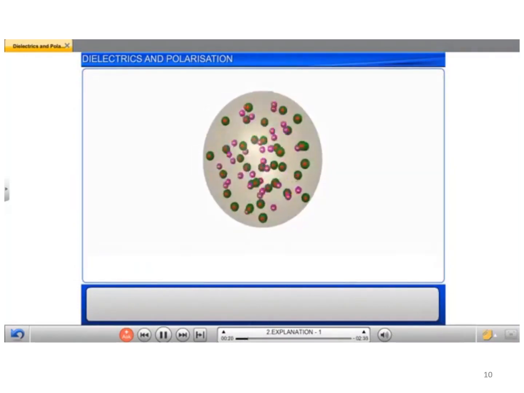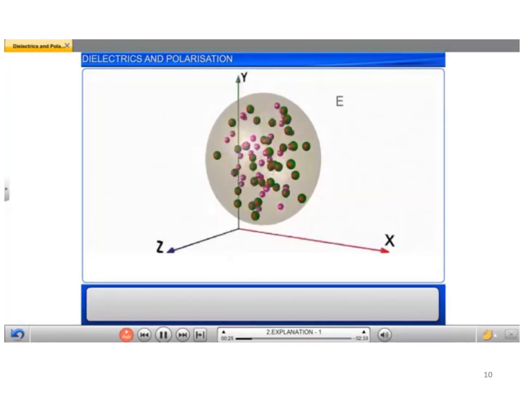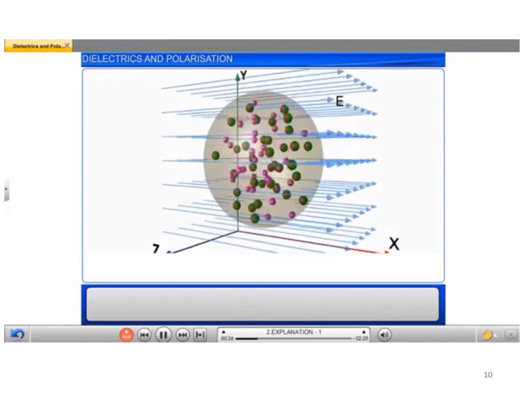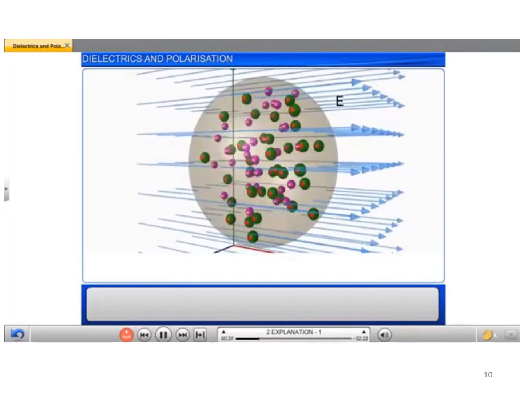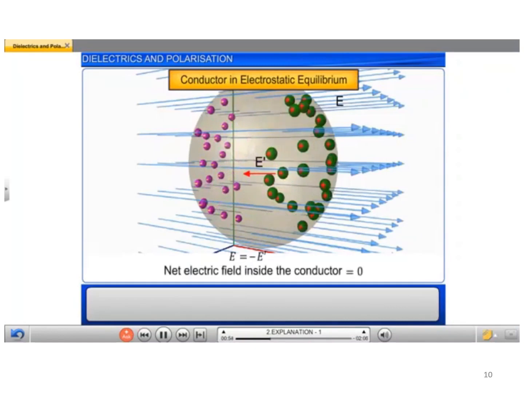When a metal conductor is placed in an external uniform electric field of strength, say E, charge distribution takes place in the conductor due to the movement of the free charges, and electrostatic induction occurs in such a way that in equilibrium the electric field strength E' inside the conductor due to the induced charges is equal and opposite to the external field of strength E. Hence, the net electric field inside the conductor is zero, and the conductor is said to be in electrostatic equilibrium.